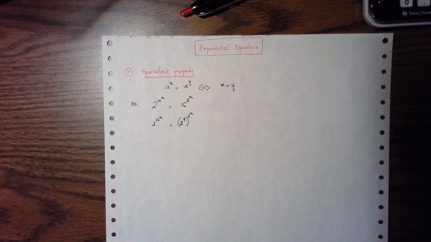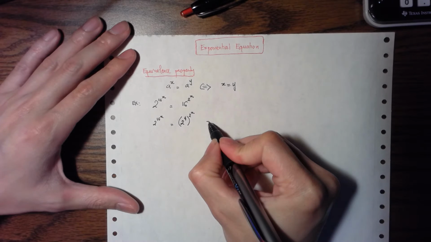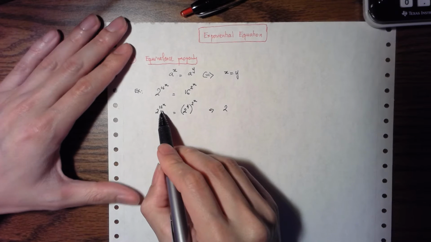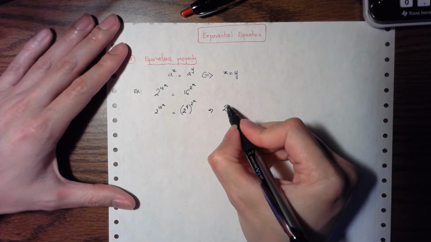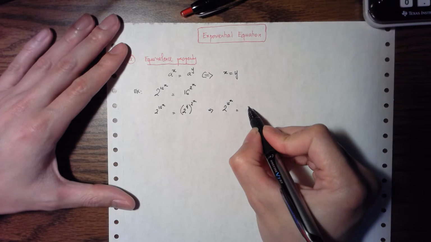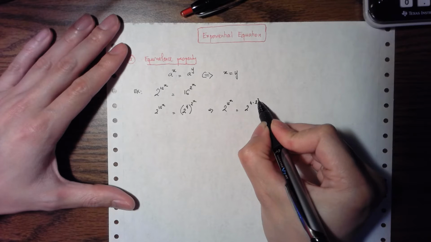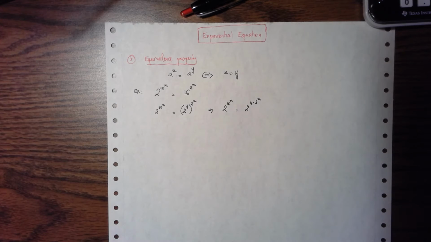I just keep it for the time being; we're not touching anything yet. So this 2 to the 4 to the 2x can mean 2 to the 4 times 2x, right? And the other side is 16.